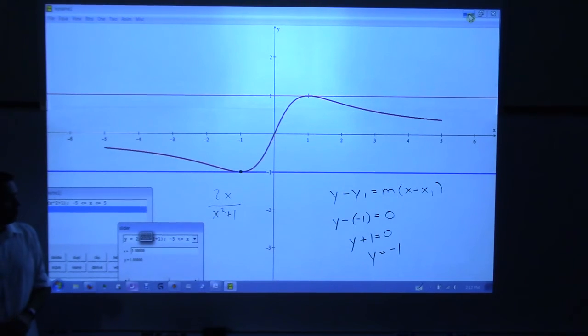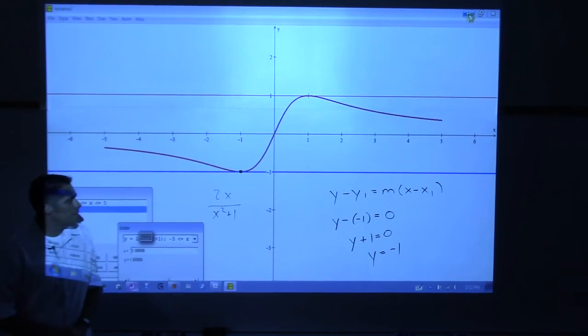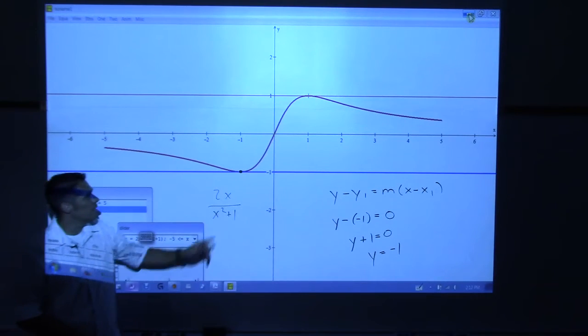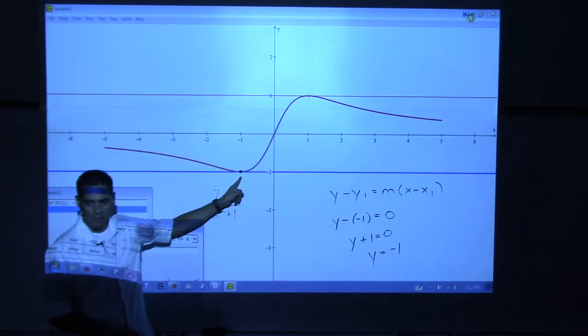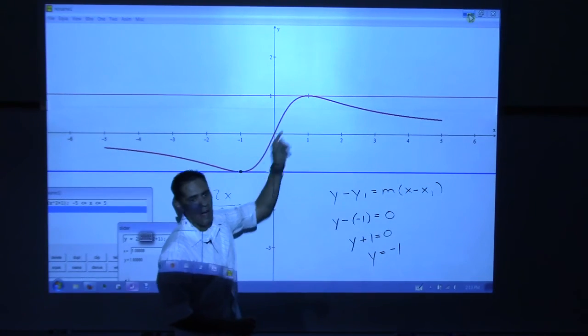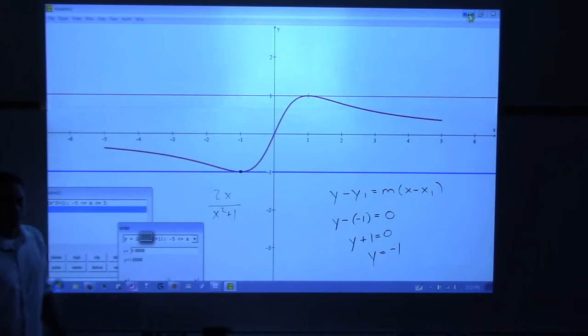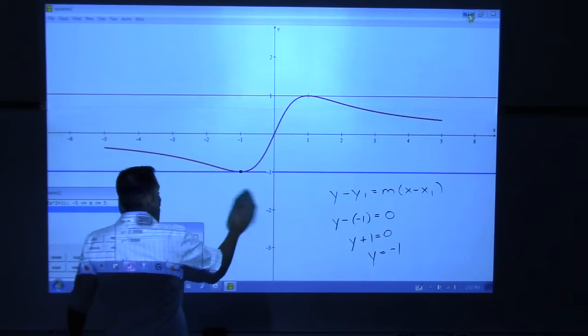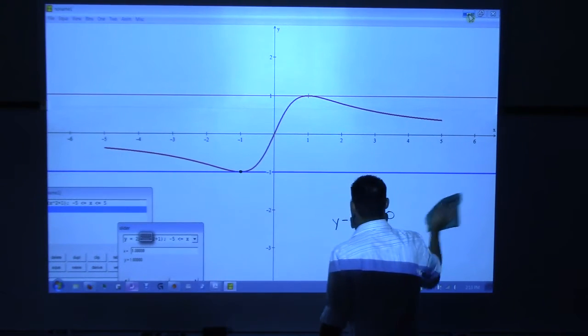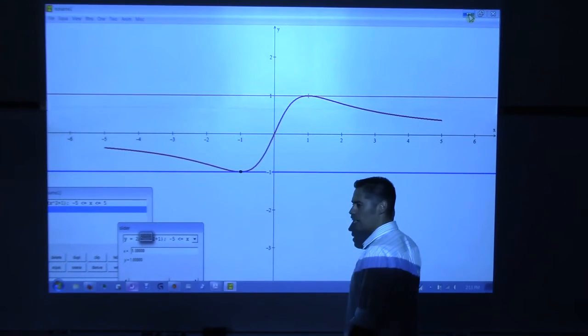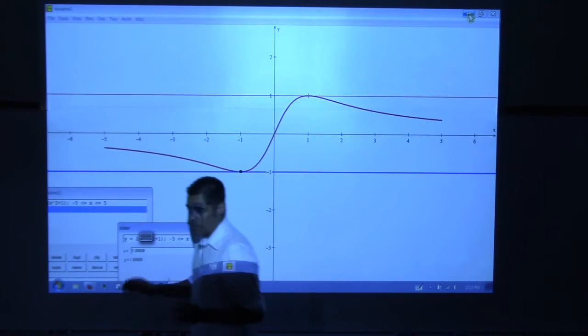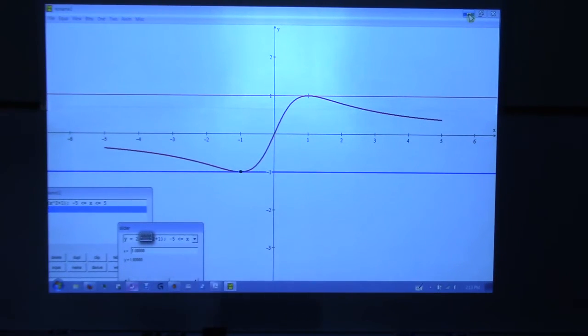You would say, this is all you have, and from that you figure out on your own that negative 1 is the lowest point, and that 1, 1 is the highest point. We'll do that later, all right? I think by the time we get to that, we'll understand what it takes to get there. So it's not that bad. It's just that's the more interesting question. We're leading into that.